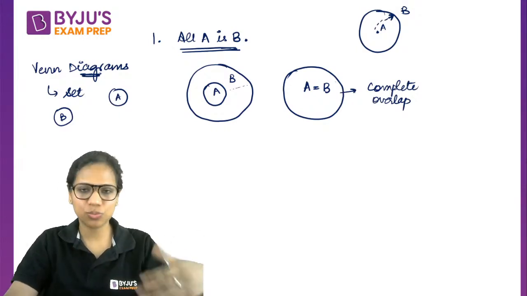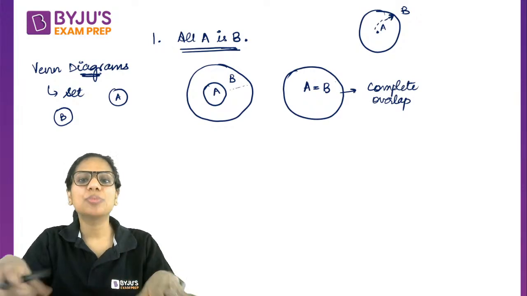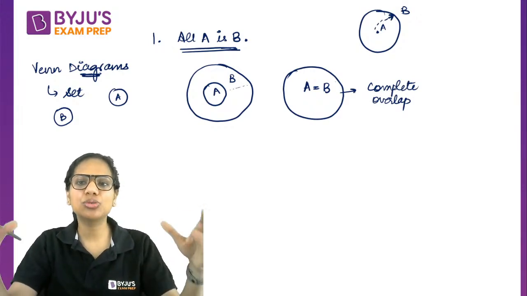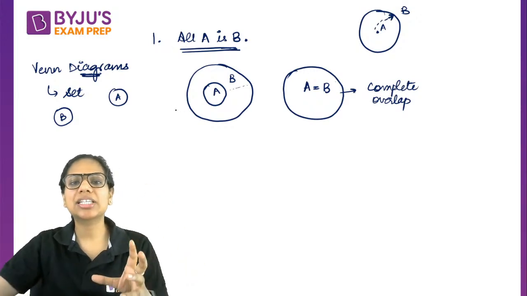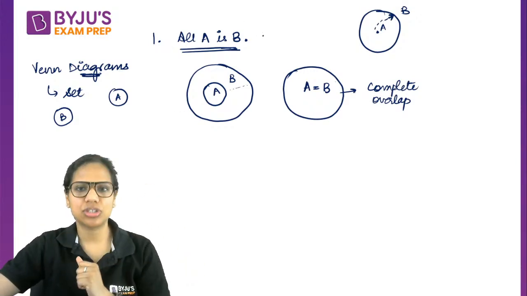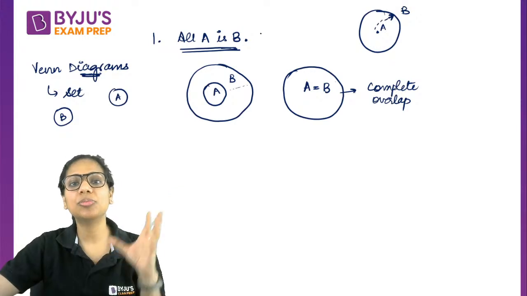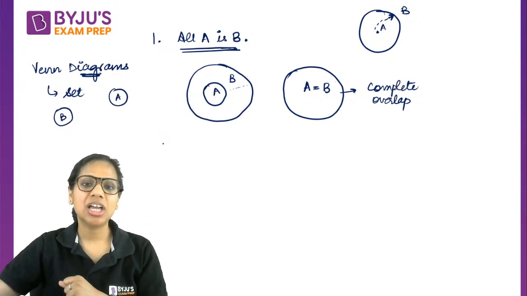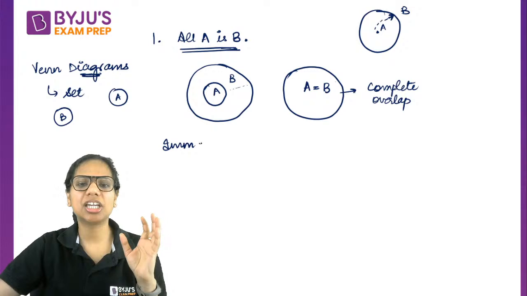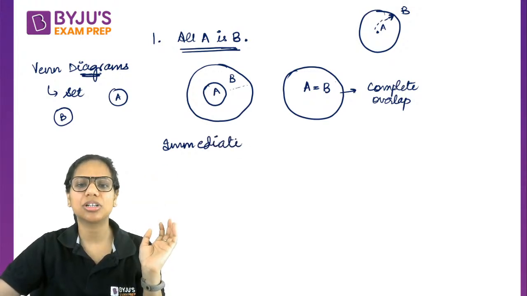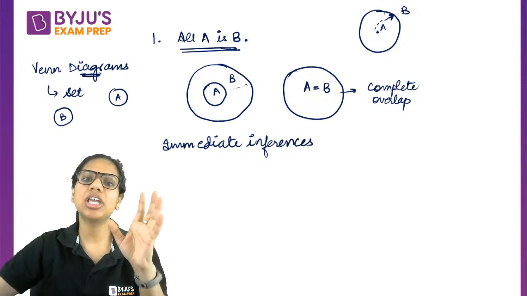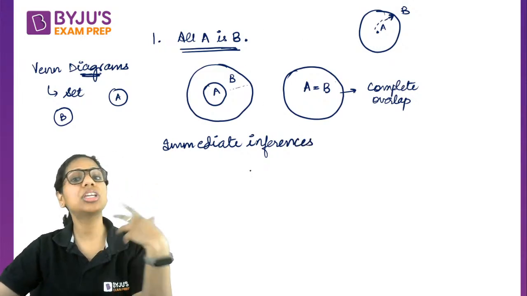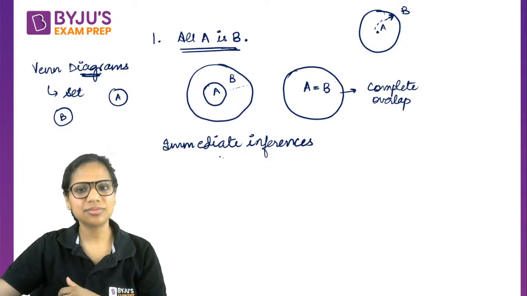Okay. What is the use? We realize soon. But before we go again, because I am trying to build the concept from the scratch, let's look at some direct conclusions. Okay, in the world of logic we call them immediate inferences. What all immediate inferences I can draw from just this one statement? ये one statement देखकर अगर मैंने देखा कि अच्छा all A's B true है, तो फिर और क्या क्या true हो सकता है, right?